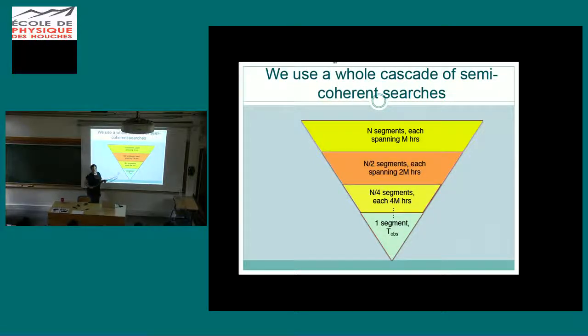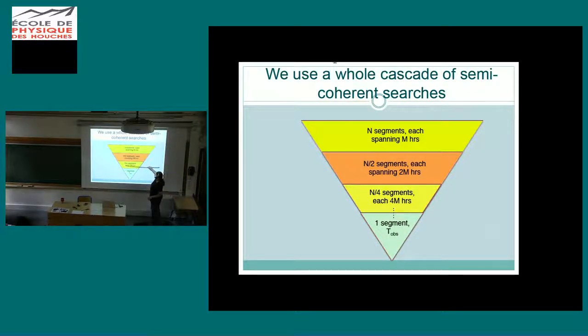These 15 million, which are now a much smaller parameter space set, we look at with segments that are twice as long, with half the number of segments. So this search concentrates more computing power on the selected points that we think are interesting. Then we put a detection threshold here.